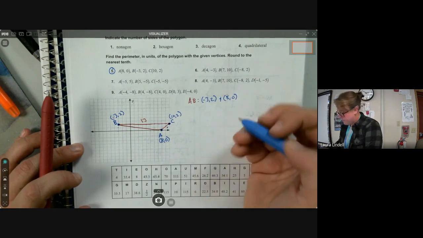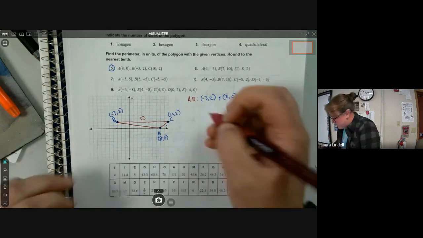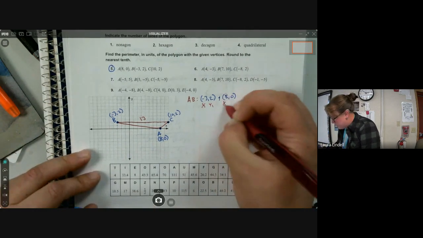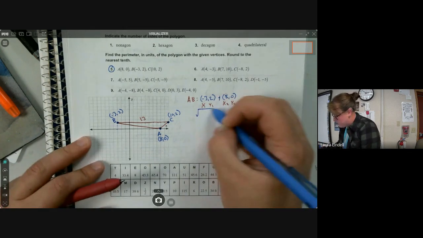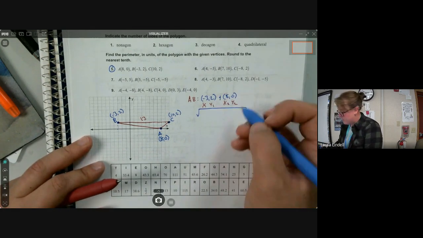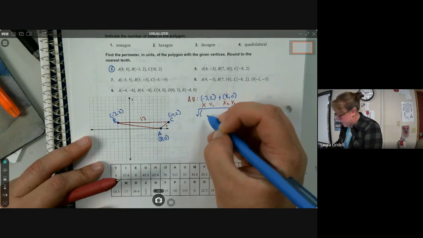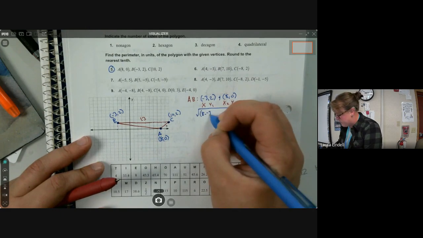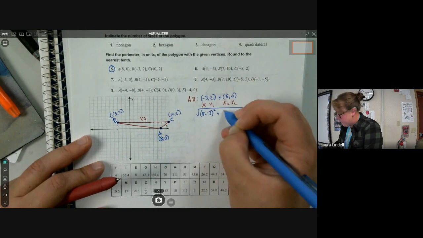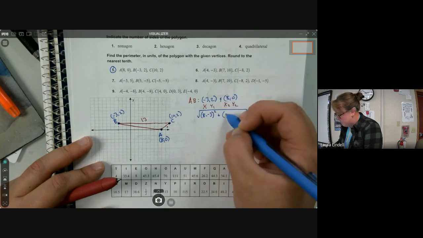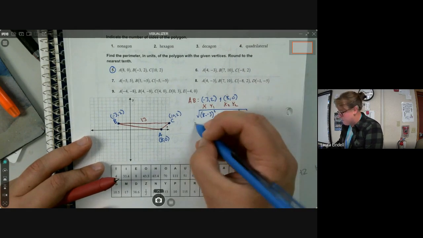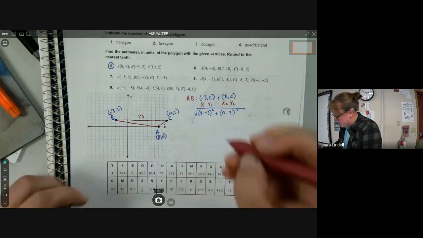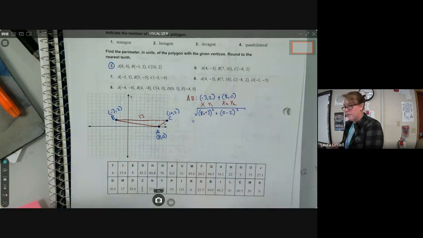All right. So x1, y1, x2, y2, big square root. We're going to do x2 minus x1 first, so 8 minus -3 squared. Y2 minus y1, 0 minus 2 squared. 8 minus -3, anytime you do minus, adding a positive.